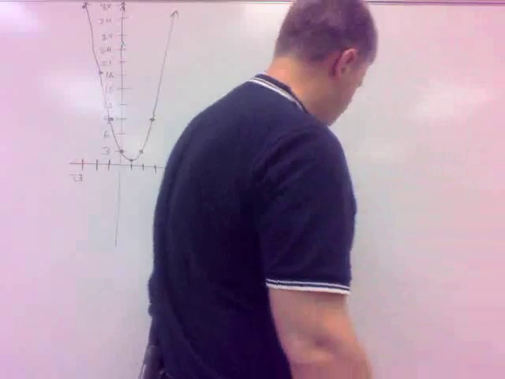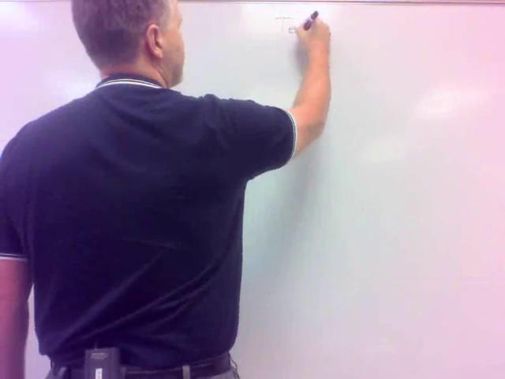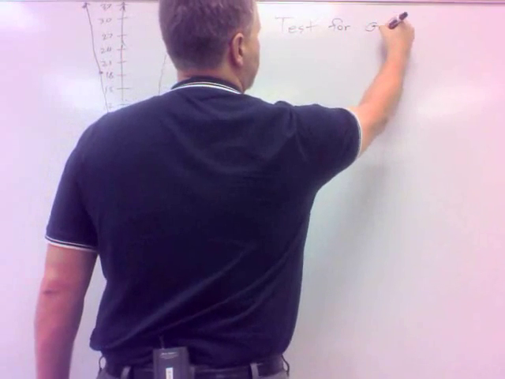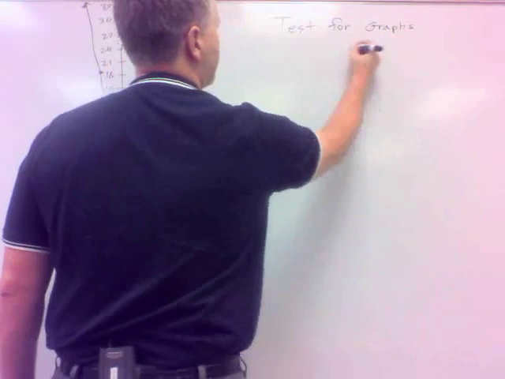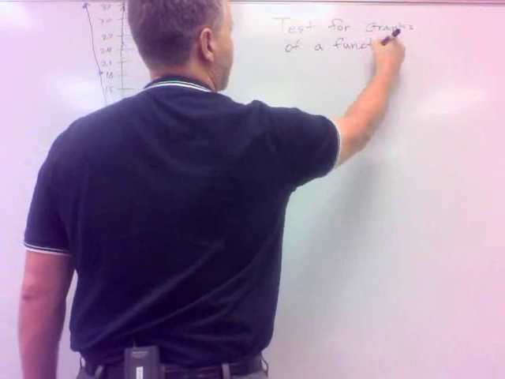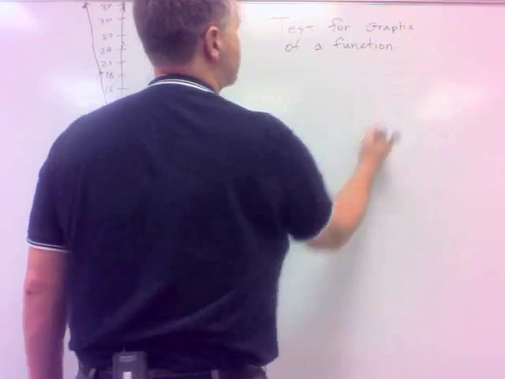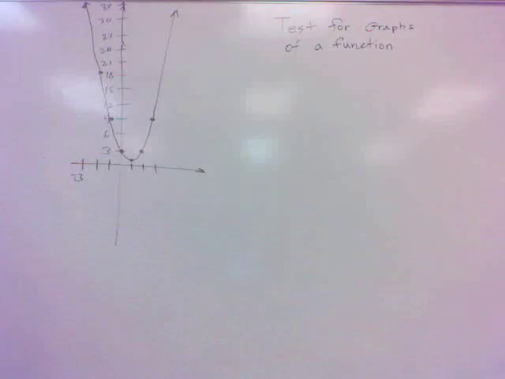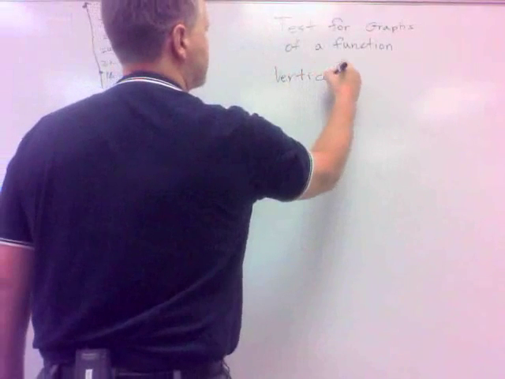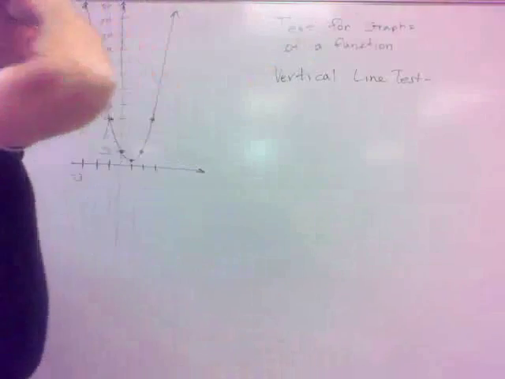One other thing we can note about graphs of functions, there's a test to determine whether a graph is a graph of a function or not. It's called the vertical line test. And here's how it works.